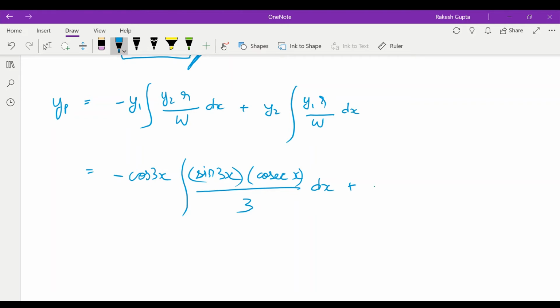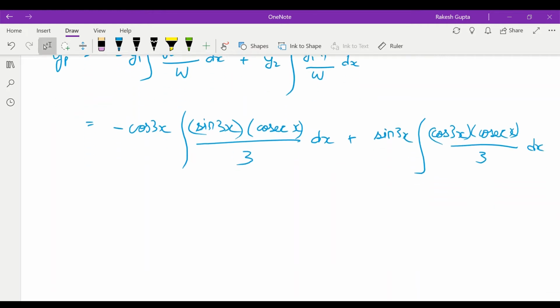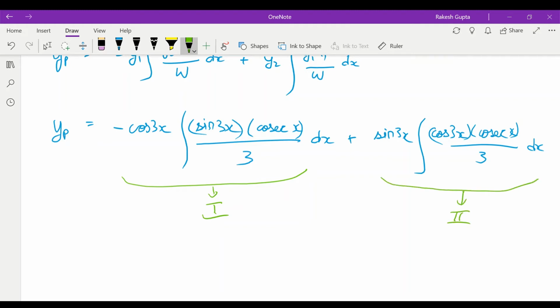Then y2 is sin 3x, then the integral of y1, cos 3x, multiplied with cosecant x divided by w, which is 3, dx. Because this equation is really long, I'm going to term this first part as 1 and this second part as 2, so that it's easier to solve 1 and 2 separately.